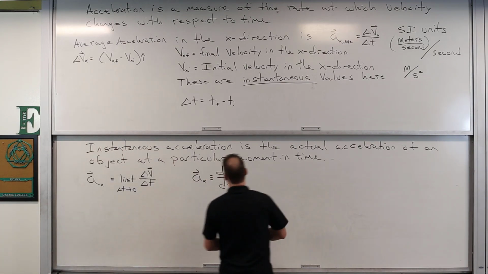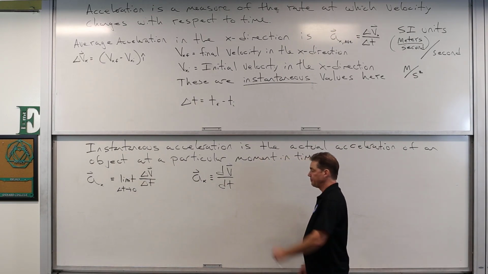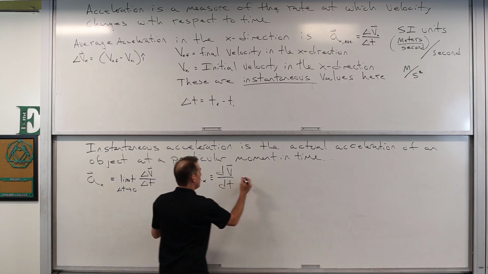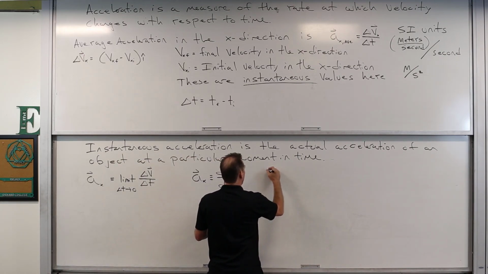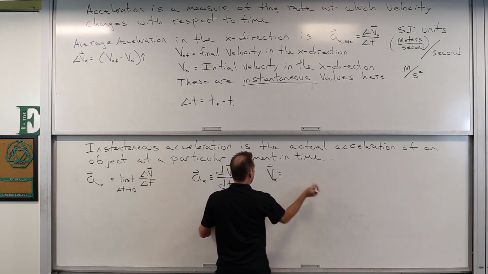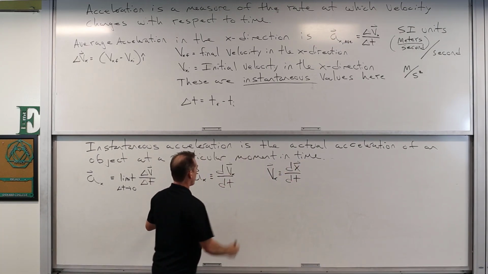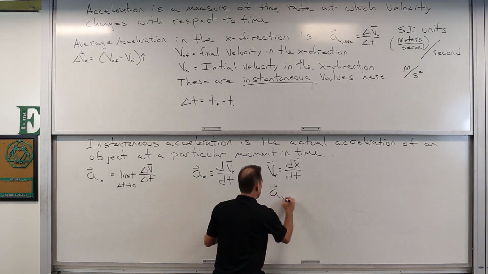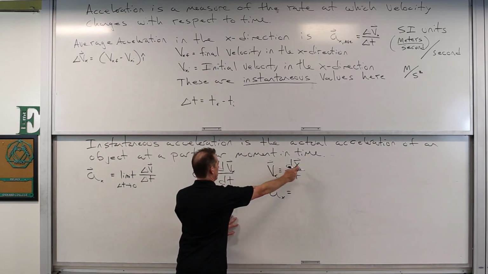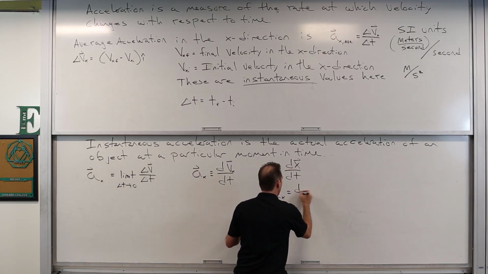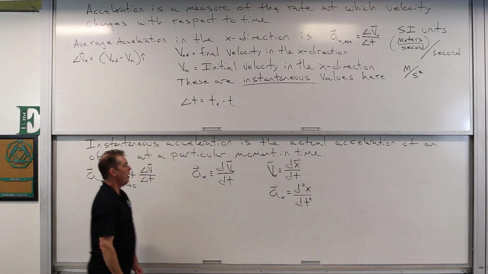And since velocity is the first time derivative of position, with v sub x being equal to dx hat dt, we can also write that a hat is equal to, well, v is dx dt. We stick that in here, and we've got ourselves d squared x dt squared, the second time derivative of position.